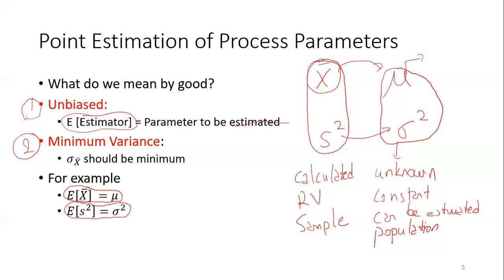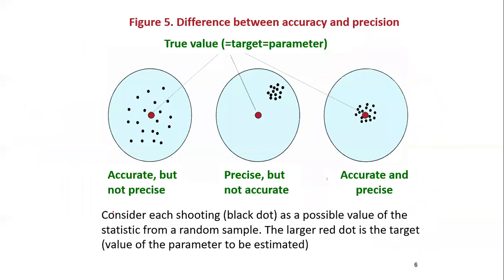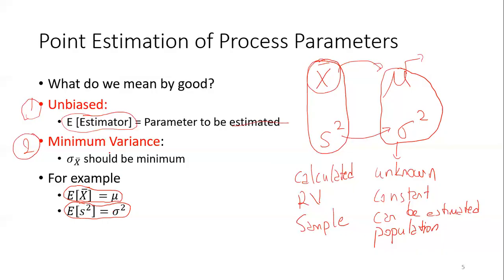It means that s squared is an unbiased estimator of sigma square. Okay, and the second thing is that it should have a minimum variance. So its expected value should be equal to the parameter, and its variance should be as low as possible.